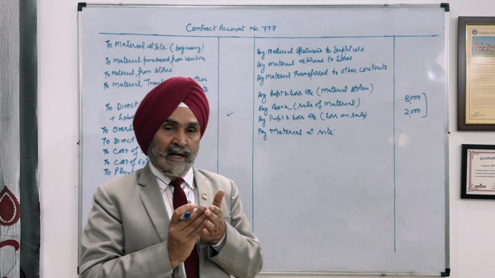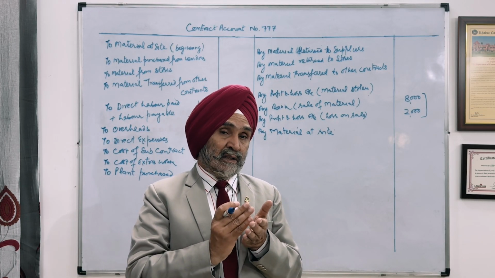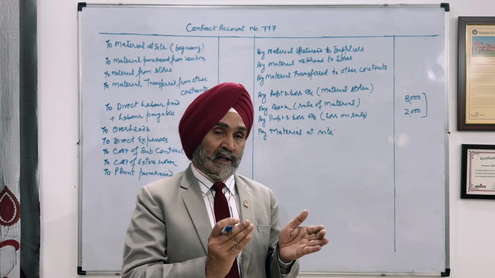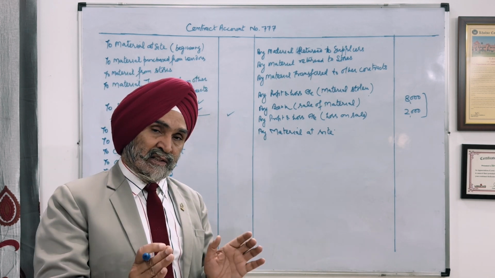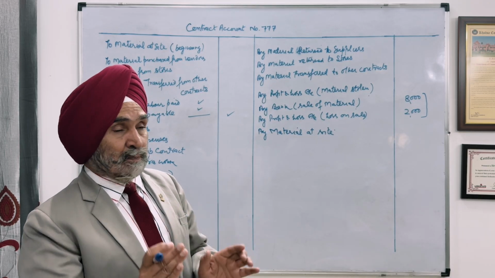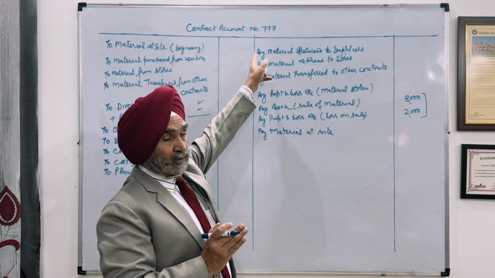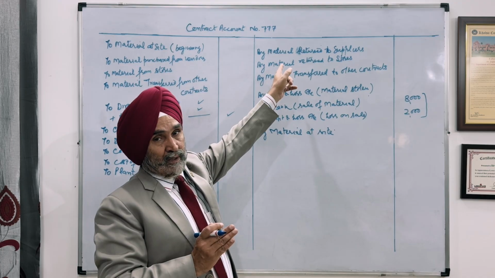General plant is one which is not purchased specifically for this particular contract. The contractor has it, but he has not purchased it specifically for contract number 777.